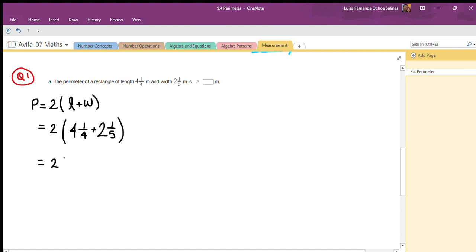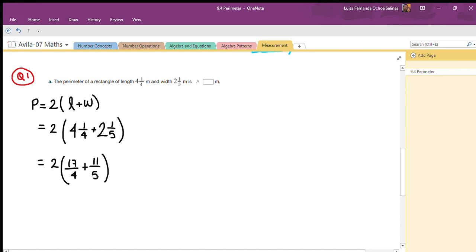How do I convert this into an improper fraction? 4 times 4 plus 1 is 17, so 17 over 4, plus 2 times 5 plus 1 is 11 over 5. I'm not going to spend a lot of time on this. If you're having trouble, go back to the videos when we did addition of fractions.